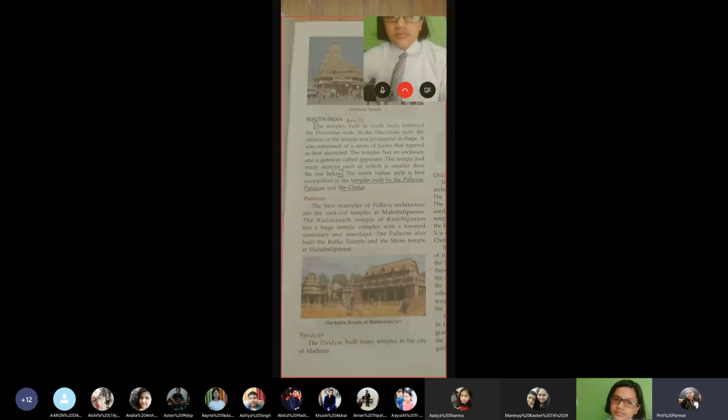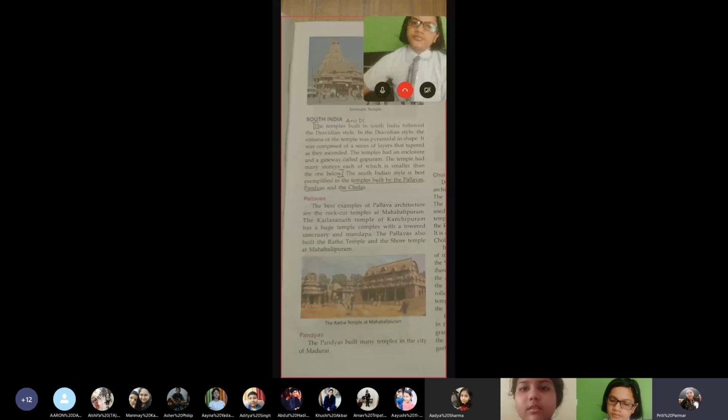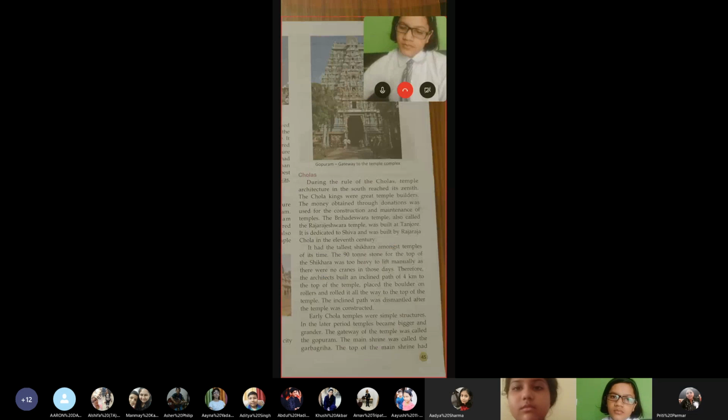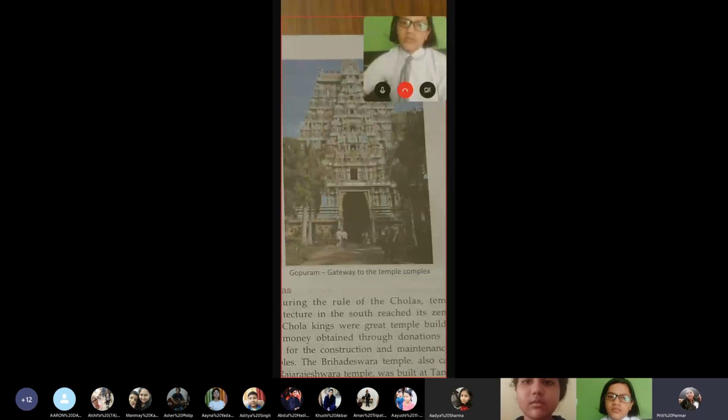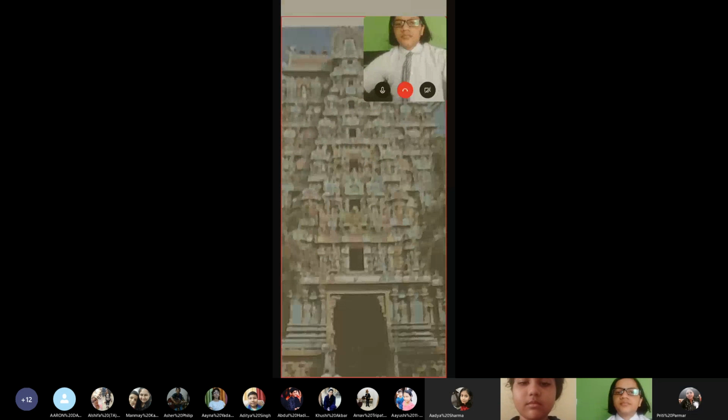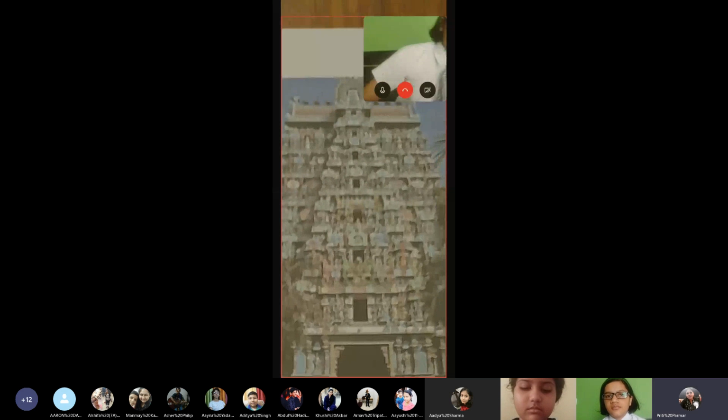It was composed of a series of layers that tapered as they ascended. Can you see the tapering layer? That means it was in a kind of a CD kind of a structure. Can you see? They are turning to a peak as they are coming on top. There are different stages in which these structures are made. Can you see?